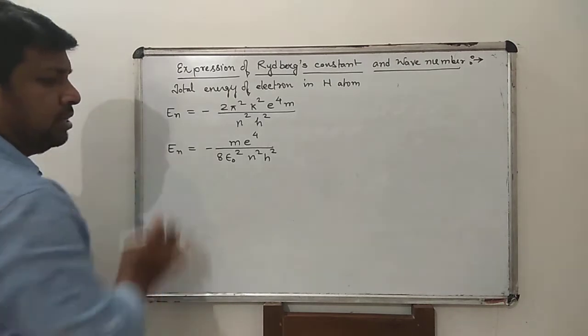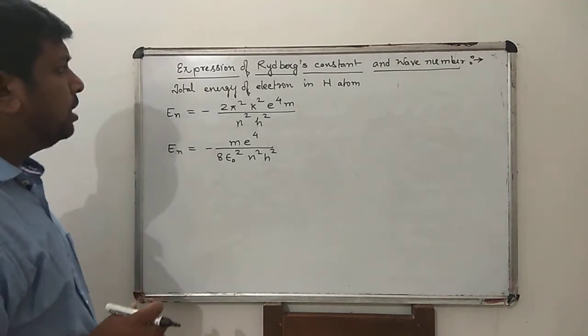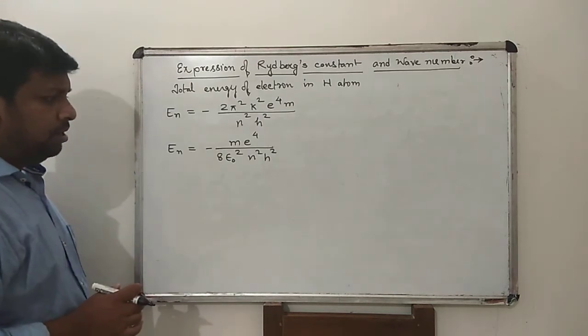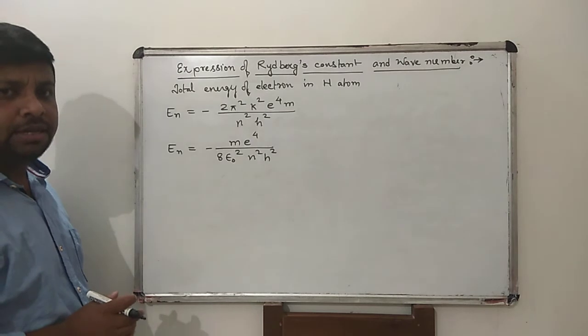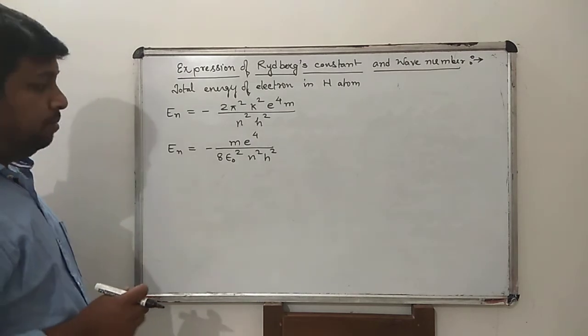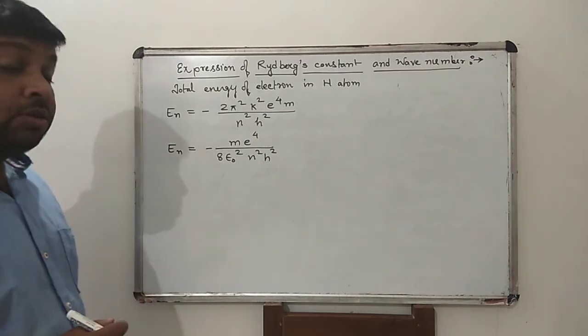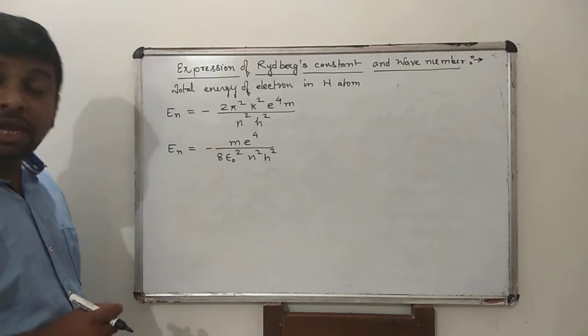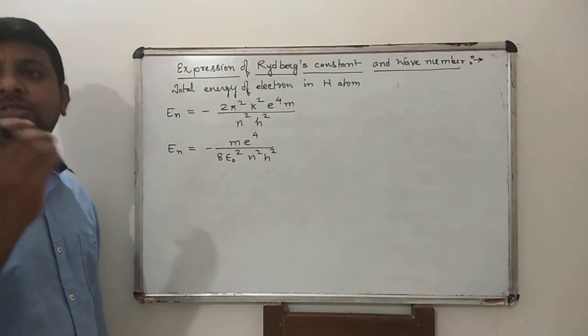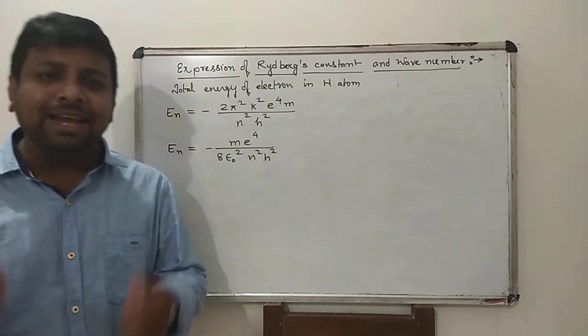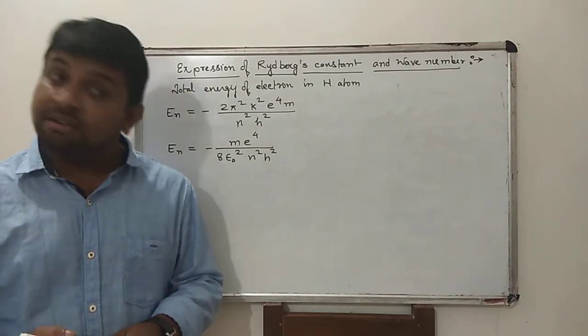Already we know that this total energy of the electron is negative in an orbit. So why is the total energy negative? Because the electrostatic force between the electron and the nucleus is always attractive.